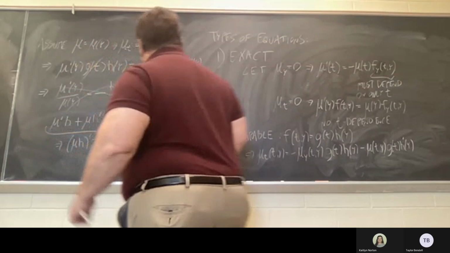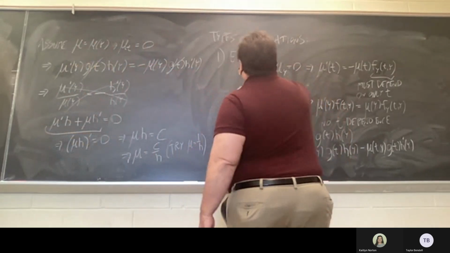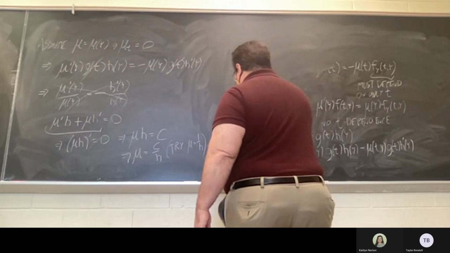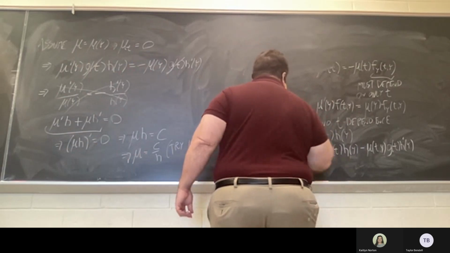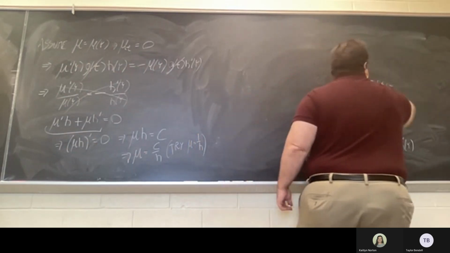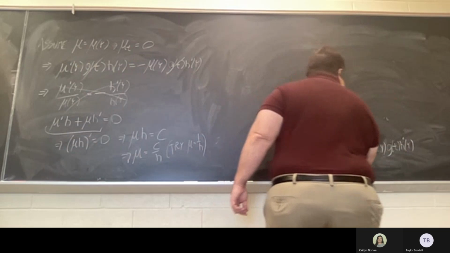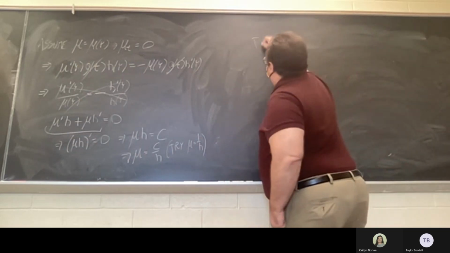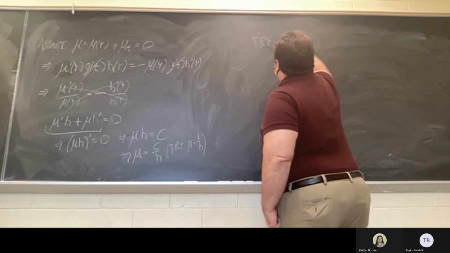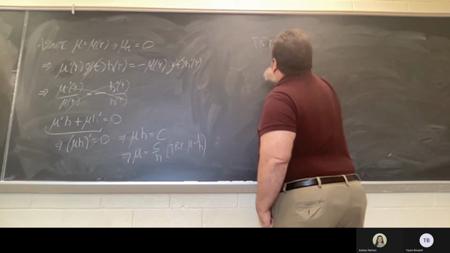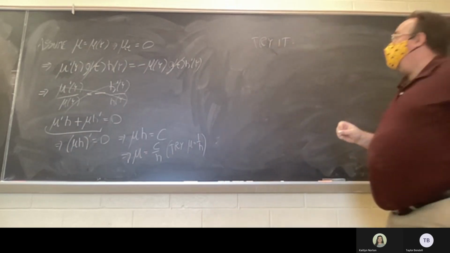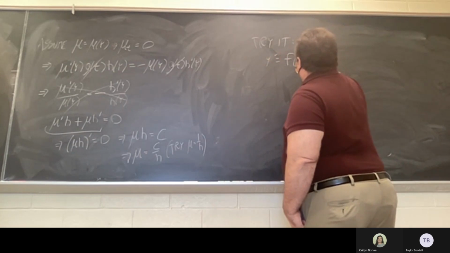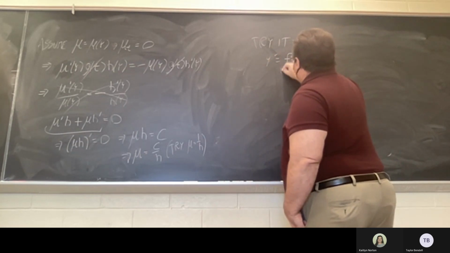When we go back to the original ODE, we have to multiply both sides of the ODE by mu. So we have y prime is equal to f of t, y.